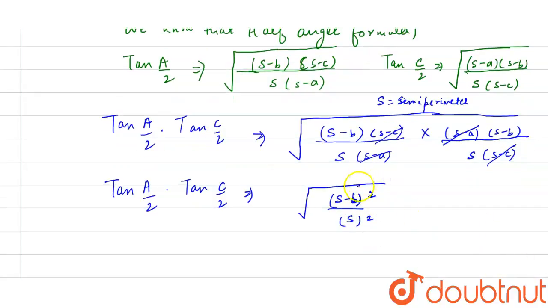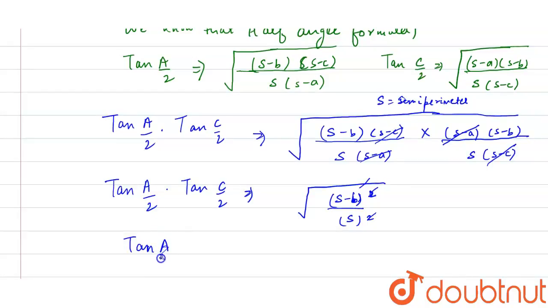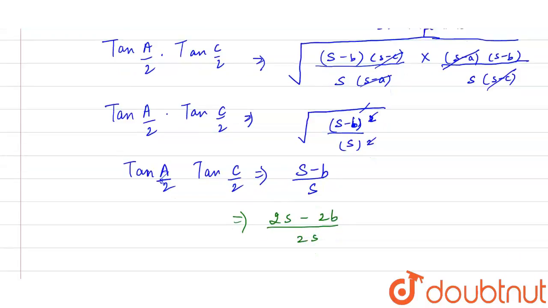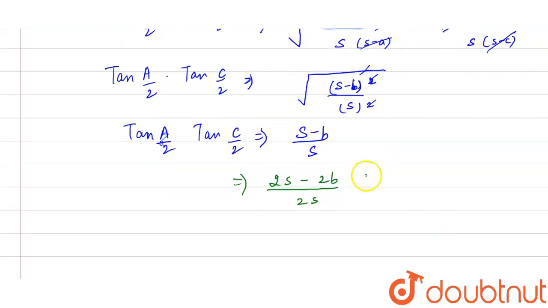Now this under root is cancelled by the square, so tan of A by 2 multiplied by tan of C by 2 is equal to (s minus b) divided by s. Now if we multiply numerator and denominator by 2, this will be equal to (2s minus 2b) divided by 2s.